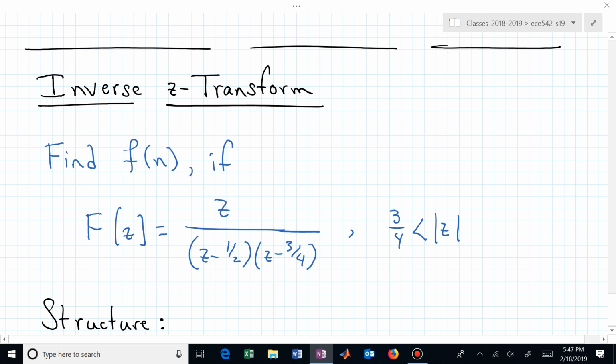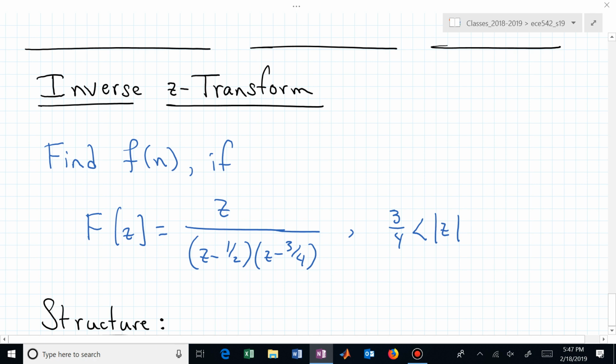And we know, or hopefully we will know after today, that we also have to have the region of convergence in order to find a unique little f of n. I could come up with different structures for f of n. Well, the structure I'm going to say is the same, but different behavior or different values of little n being associated with different modes depending on the region of convergence.